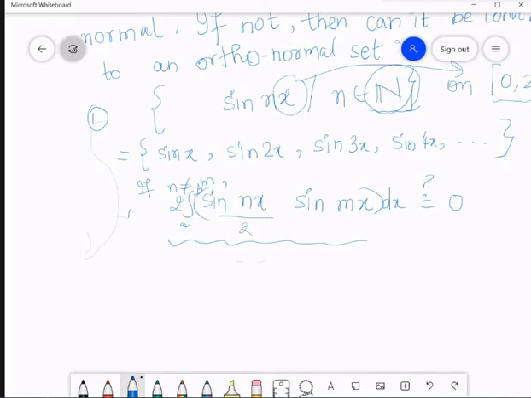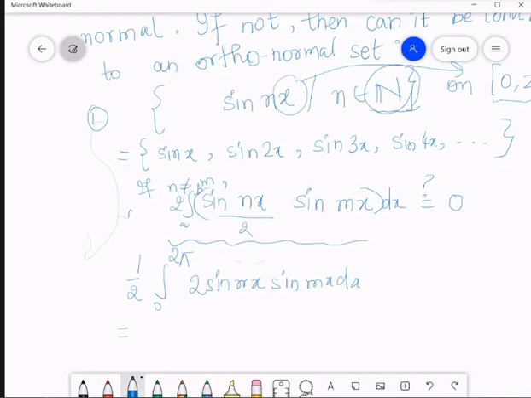Actually I wrote it the other way around. Okay, so I'll write 1 by 2 integral 0 to 2 pi. It's given in the interval 0 to 2 pi. And sine mx dx.